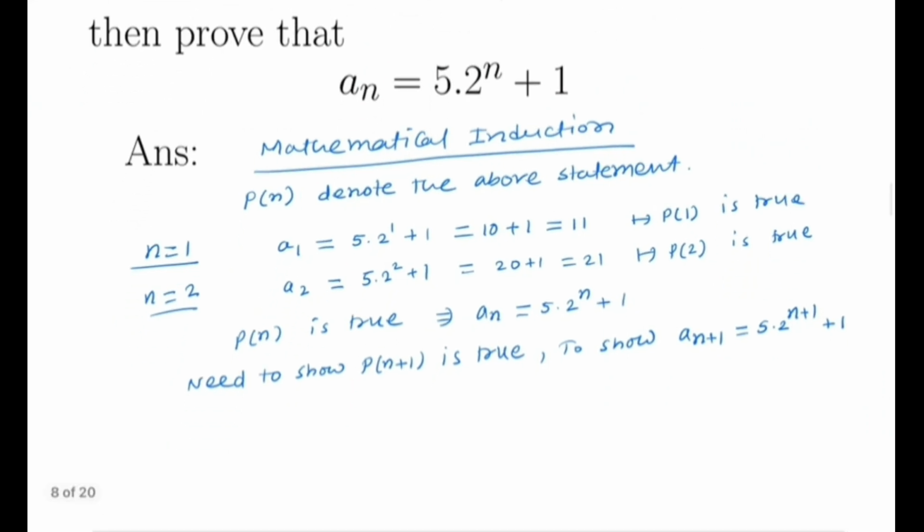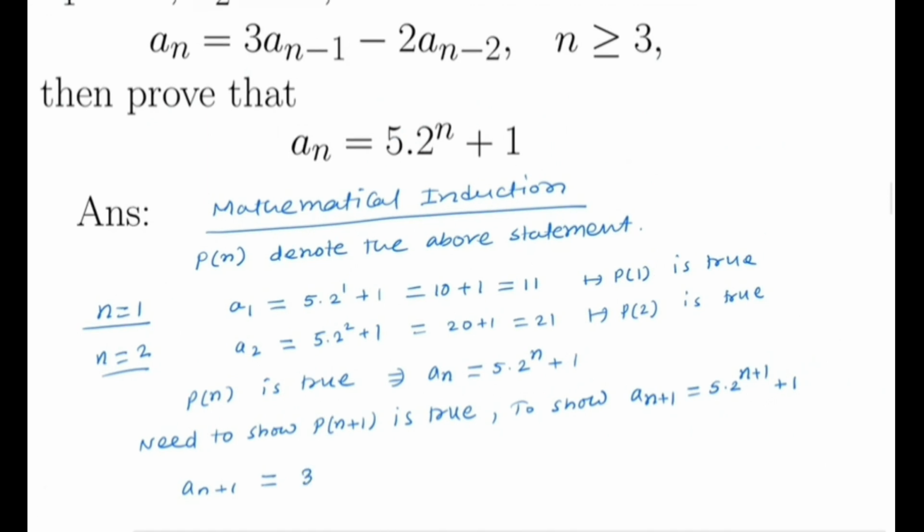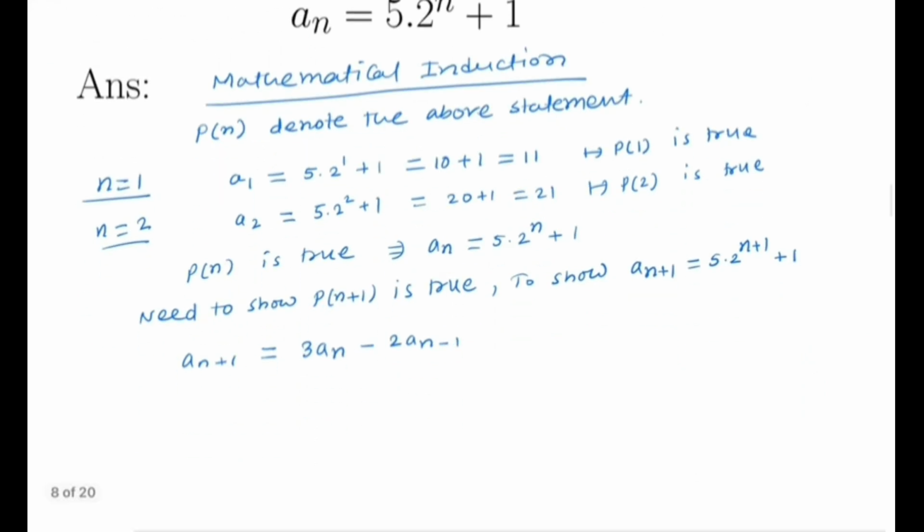So what is a_{n+1}? So a_{n+1} is 3a_n - 2a_{n-1}. Okay, so now this formula of a_n is given here. So a_n is 3 times 5 into 2^n + 1. And by this formula, what is a_{n-1}?